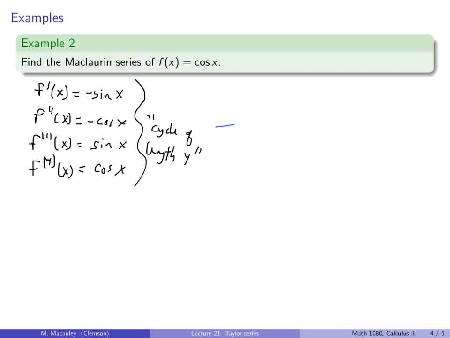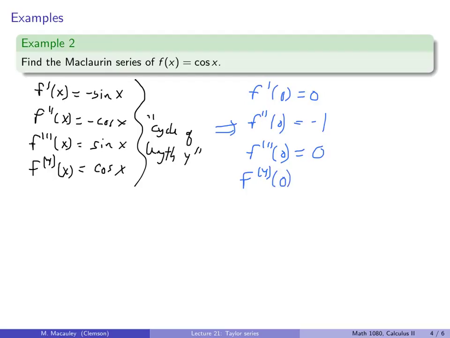So f prime of 0 is 0. F double prime of 0 is negative cosine of 0, so negative 1. F triple prime of 0 is sine of 0, which is 0. And the fourth derivative at 0 is cosine of 0, which is 1.